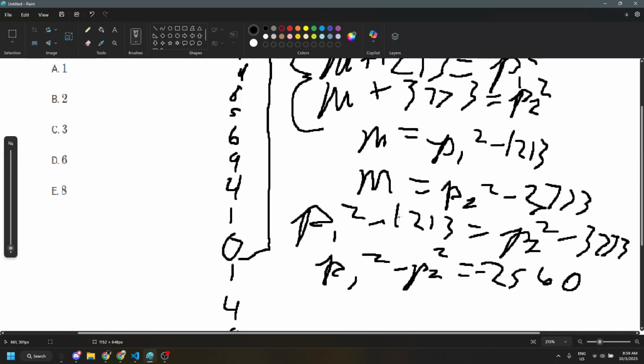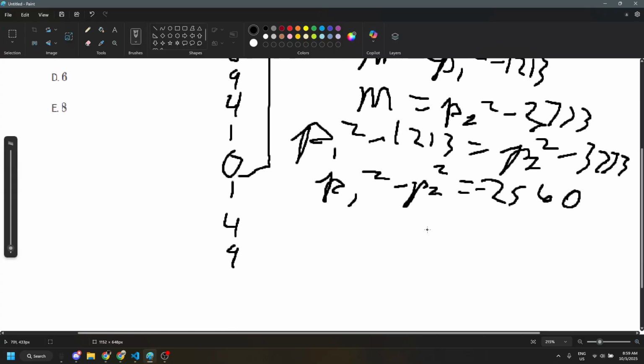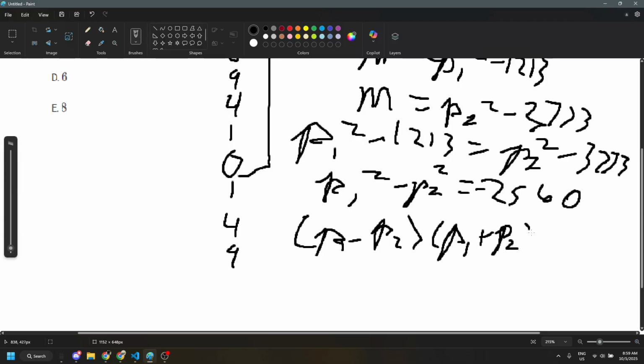Because 0, 6, yeah. Okay, now p1 minus p2 times p1 plus p2 is equal to negative 2560.